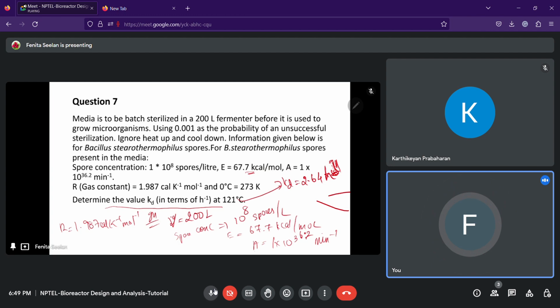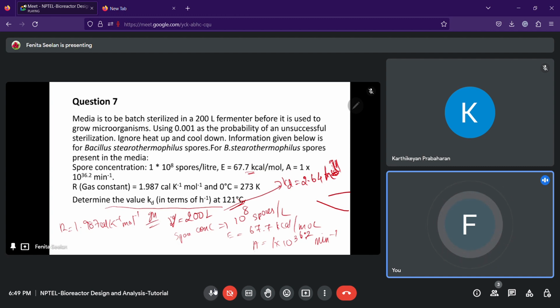Your E value is also given, which is 67.7 kilocalories per mole. And your A value is also given, which is 10 power of 36.2 minute inverse. Everything is given, including your gas constant. And you were asked to calculate the value of Kd in terms of hour inverse. And your temperature is given as 121 degrees Celsius.